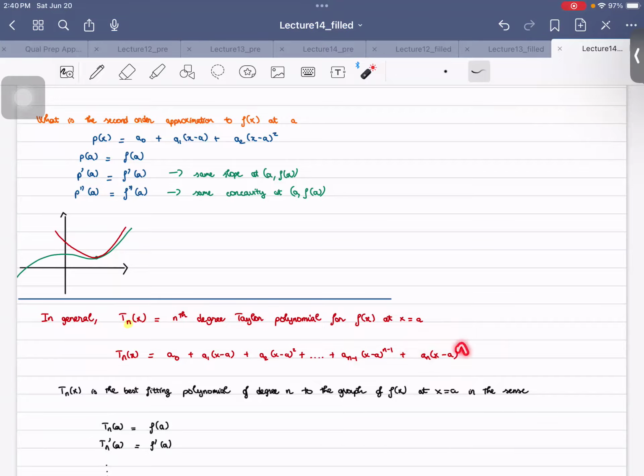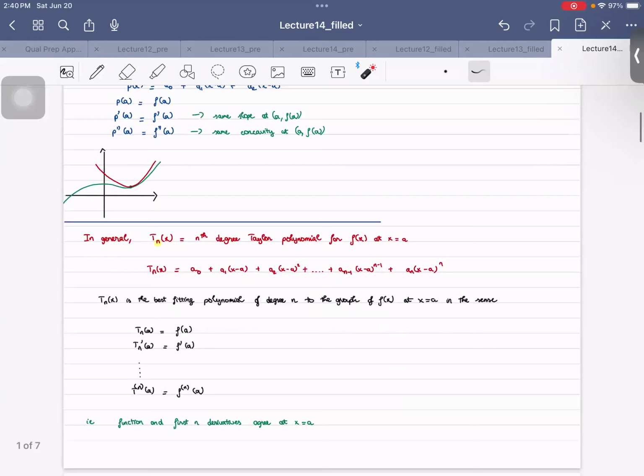So you're going to have a1 times (x minus a) to the power of 1, plus a2 times (x minus a) squared, and you add more terms until you reach the index n in the power. The last term should be (x minus a) to the n with the corresponding coefficient an.